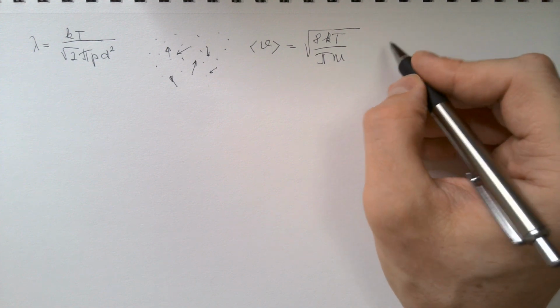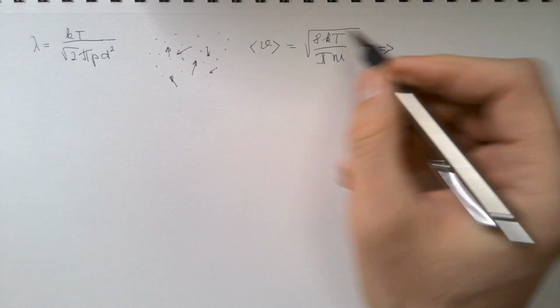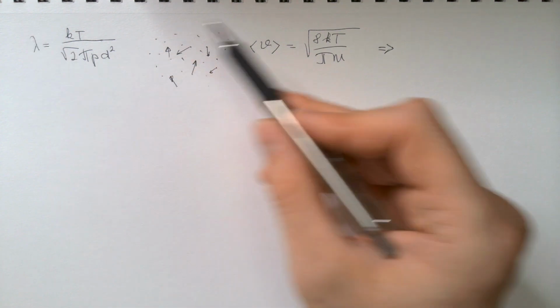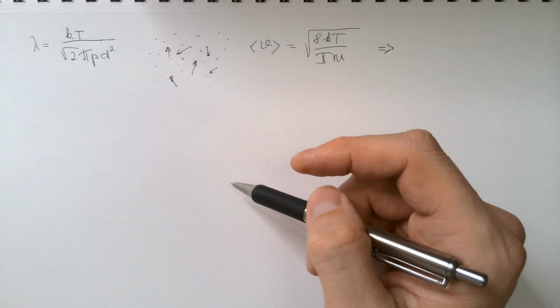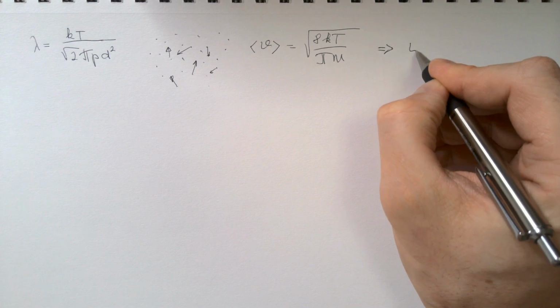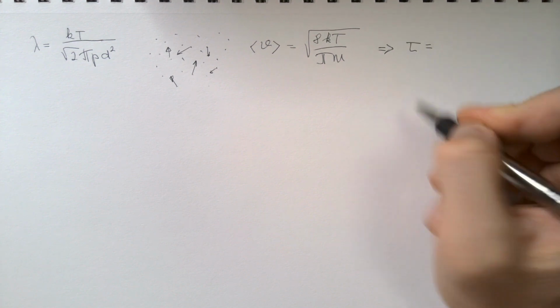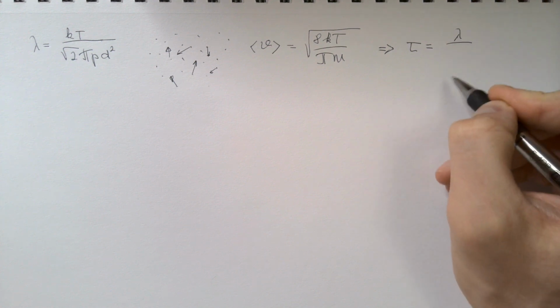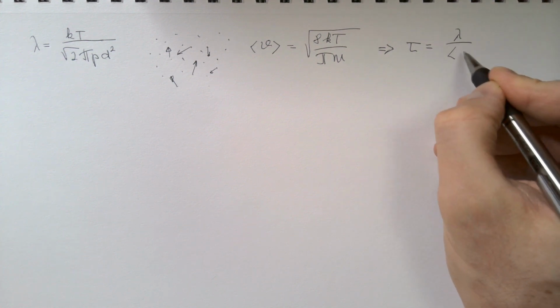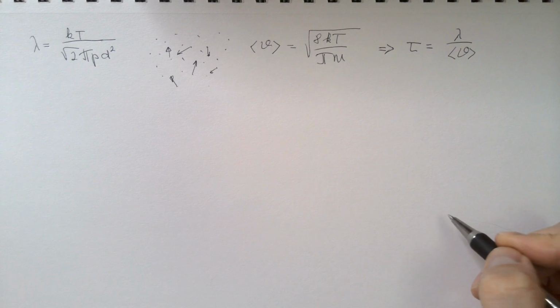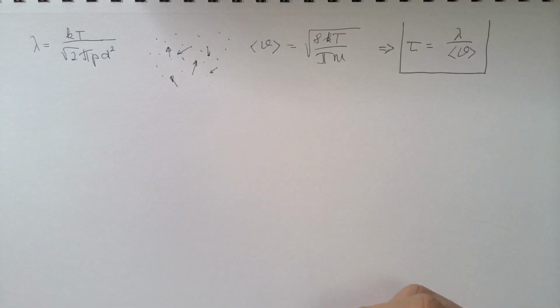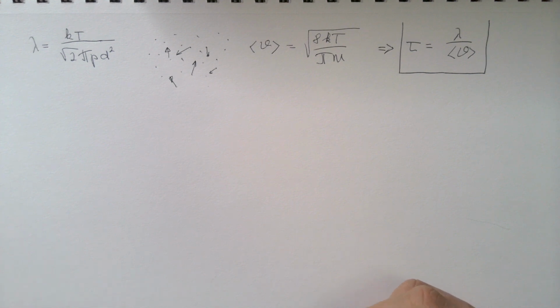So logically, we can combine average distance traveled with average speed to find the average time between collisions, and that's tau. And that average time is obviously average distance divided by average speed. This quantity is the average time between two collisions in a gas.